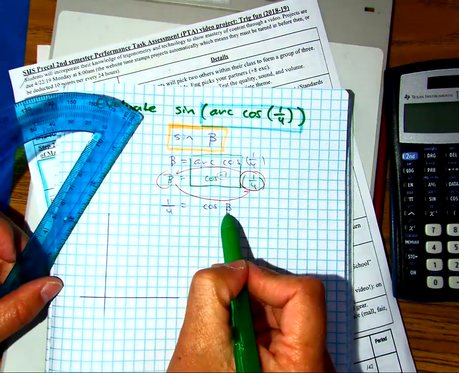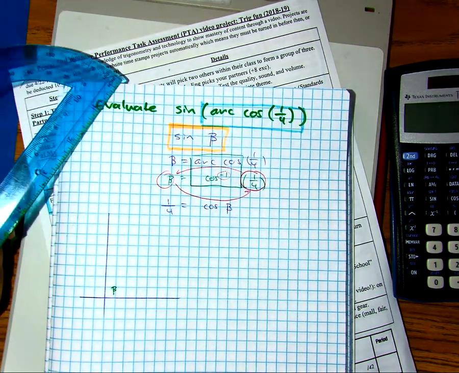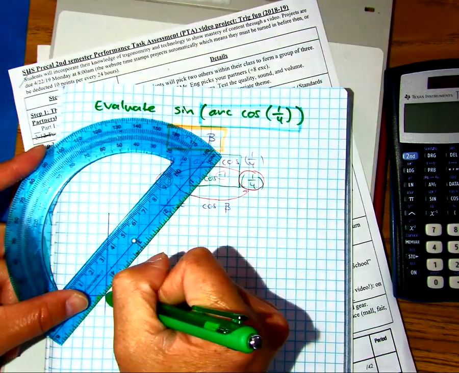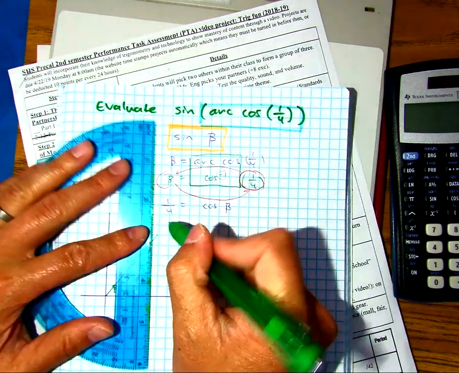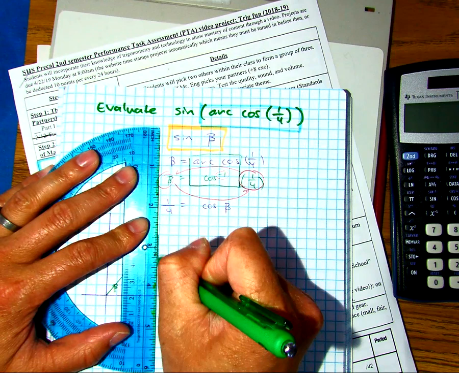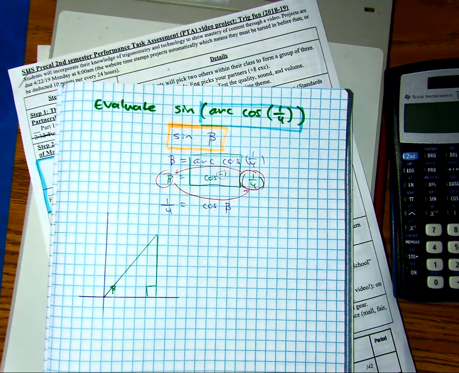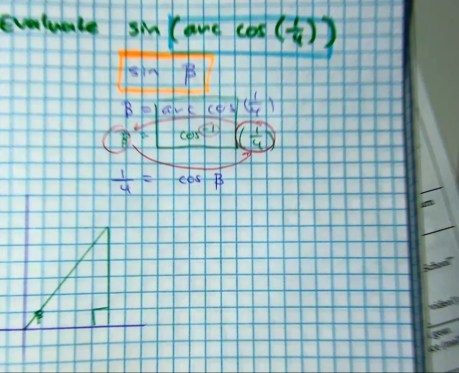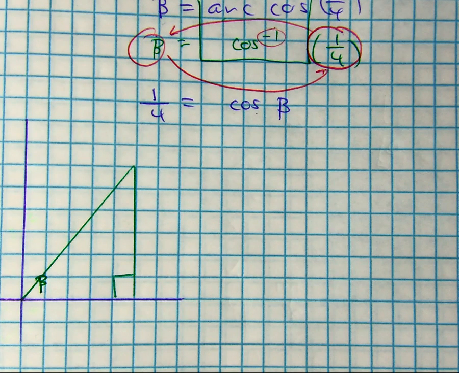Here is beta. That's our angle, our starting point. I'm going to draw some random triangle. Graph paper kind of hurts us because we're not really drawing to scale. Class, what letter is cosine in terms of x, y, and r?